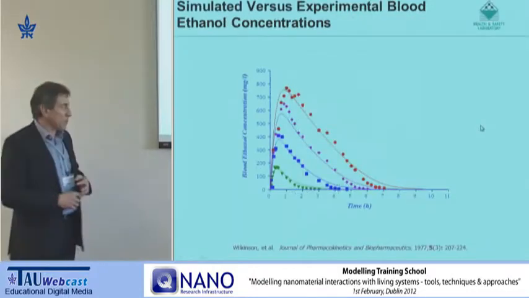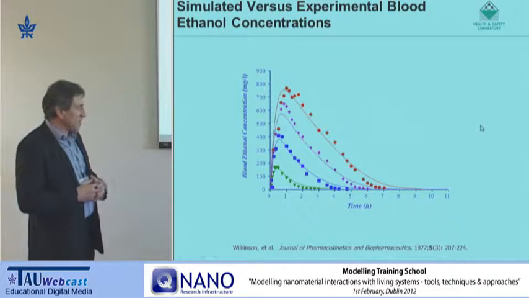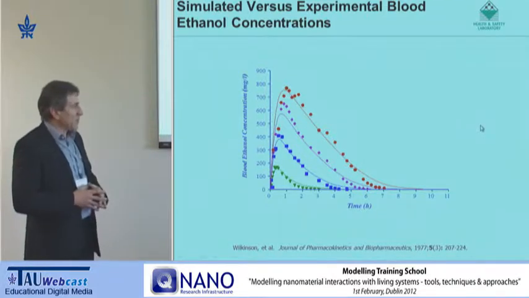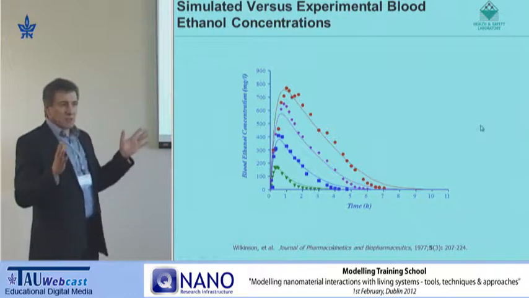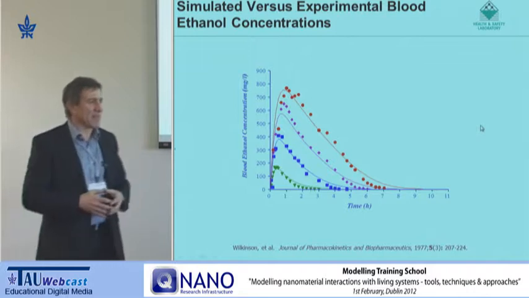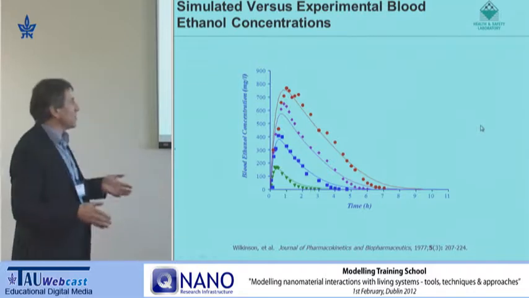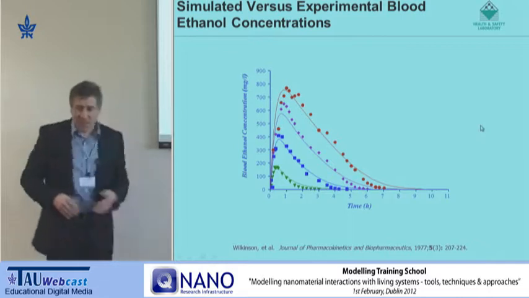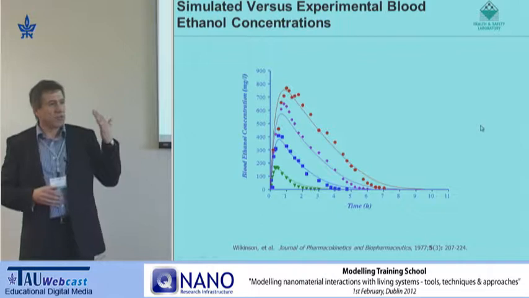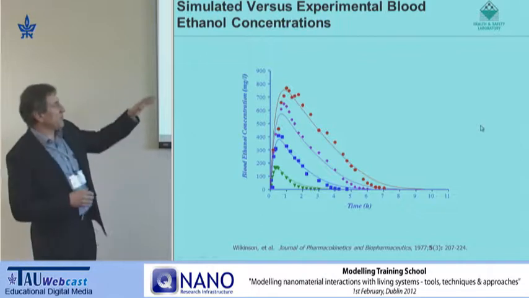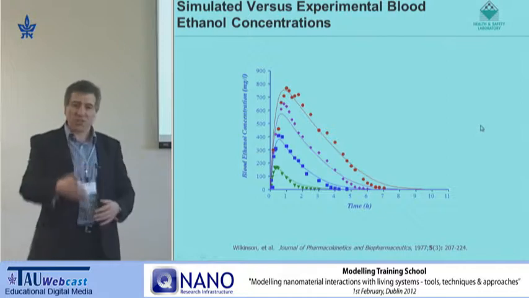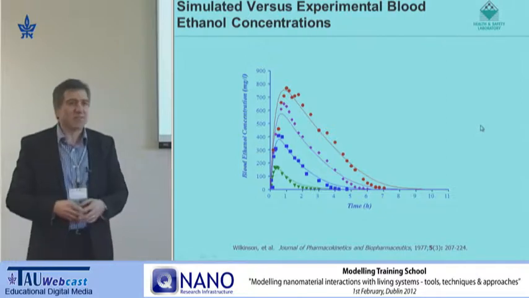and we found some measured data in the literature going way back as far as 1977, where a bunch of Caucasian, white male Caucasians, which was and still is predominantly the species that is used in human volunteer studies, were given ethanol diluted in fruit juice, various concentrations of ethanol, ranging from about 4 to 45 grams diluted in fruit juice, and they were asked to imbibe this stuff as quickly as possible.